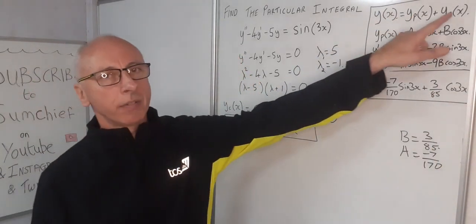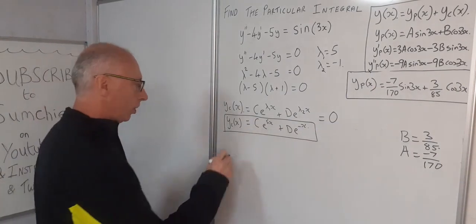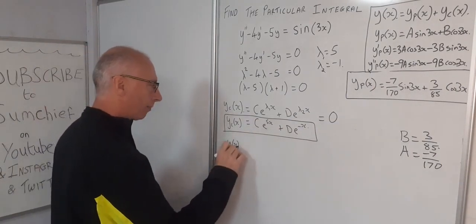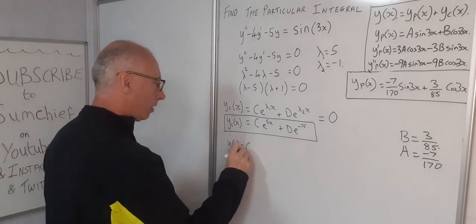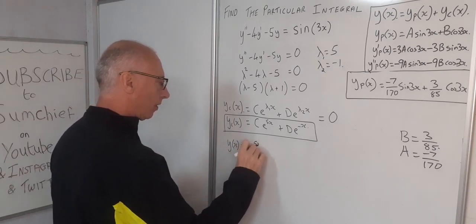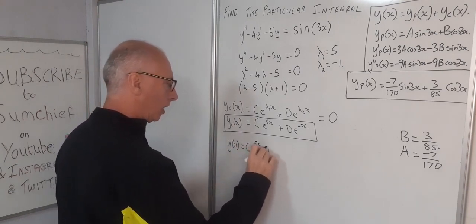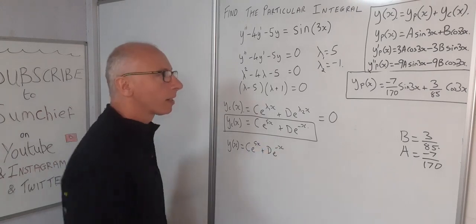So now going back to the very beginning, our function for y of x is c e to the 5x plus d e to the minus x.